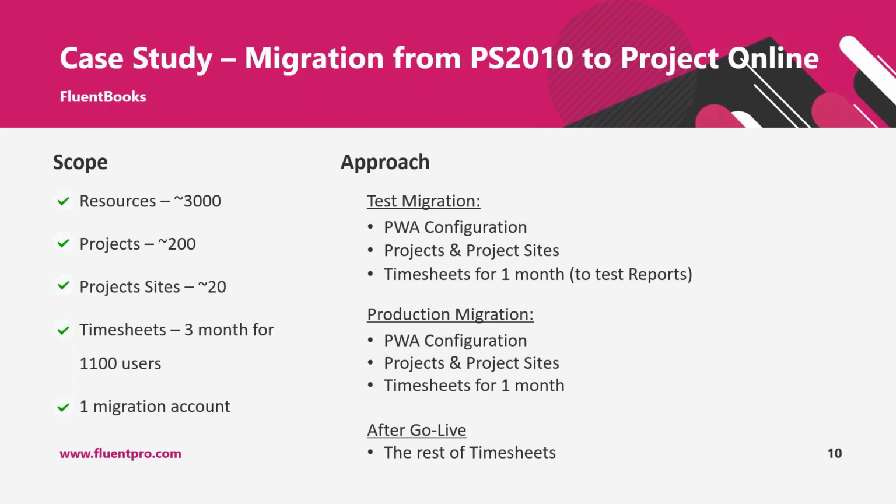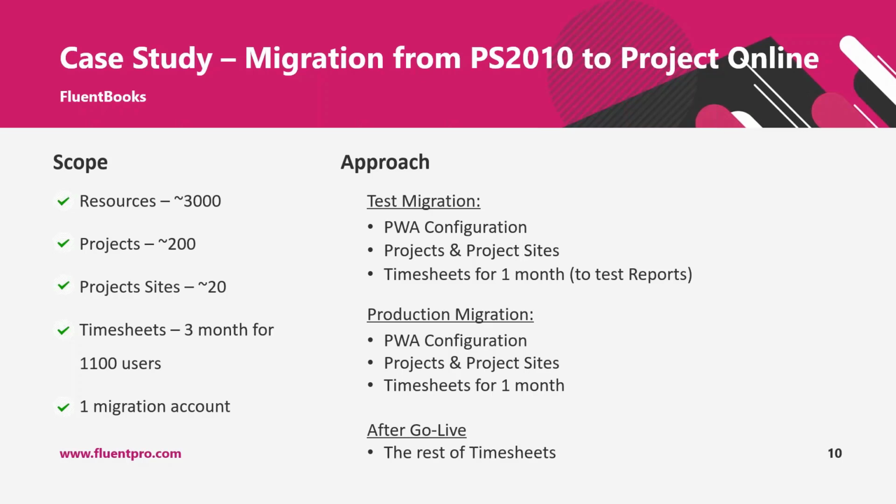In this case, there can be some legacy information that is not supported in Project Online and can cause errors during data upload. And this is exactly the kind of issue that should be caught during test migration and mitigated prior to going to production.